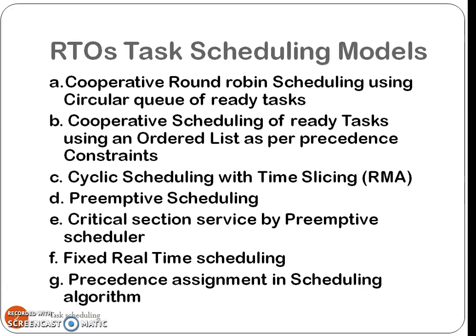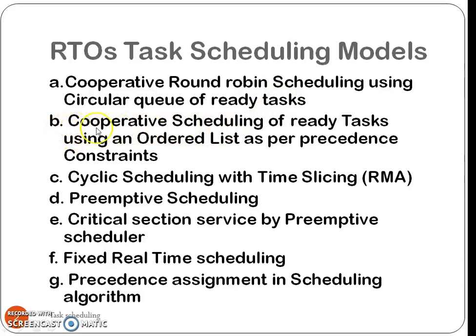In this round-robin scheduling, there is a queue of operations, process or threads where ready-to-run tasks are available. Then the total CPU time is divided into parts, so it is also called as time slicing algorithm.